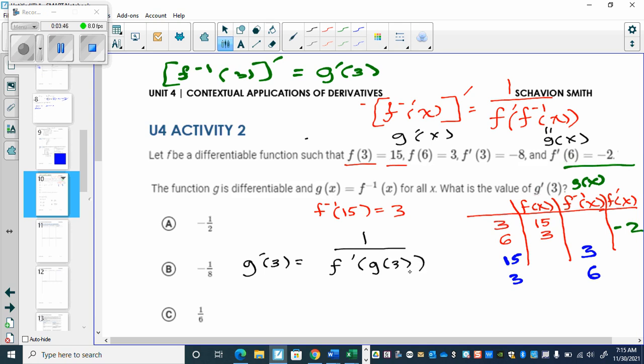So if I think about it this way, for 3, g, or the inverse, is 6. So this equals 1 over f prime of 6. Now f prime of 6 is -2, so it equals -1 over 2. And that's all it is. That's how it works.